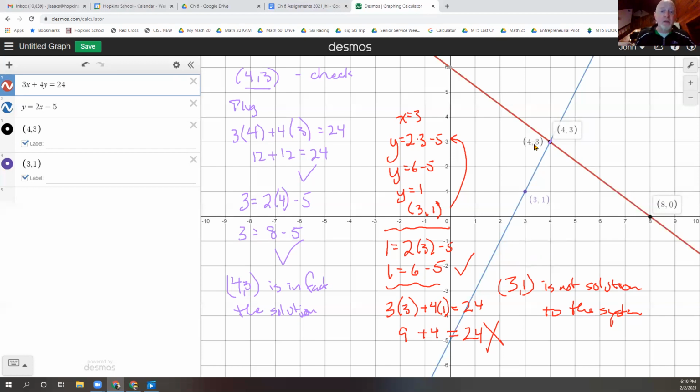It may have gotten you an incorrect answer when you solved for your second variable. It may have gotten an incorrect answer when you solved for your first variable. But if you cannot confirm your ordered pair result in both equations, then you haven't found a solution to the system in general.